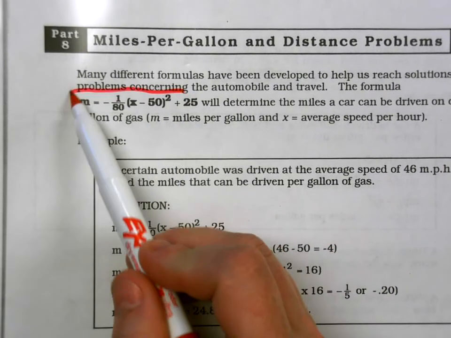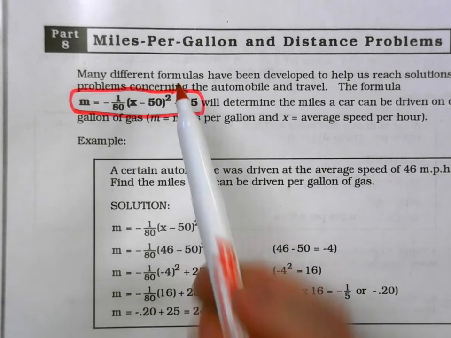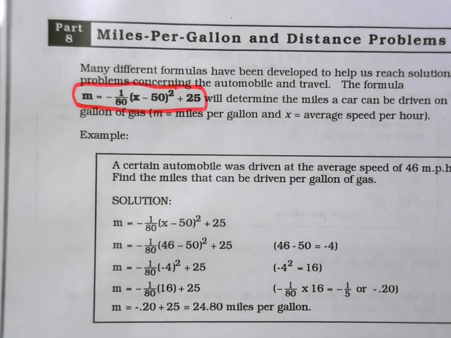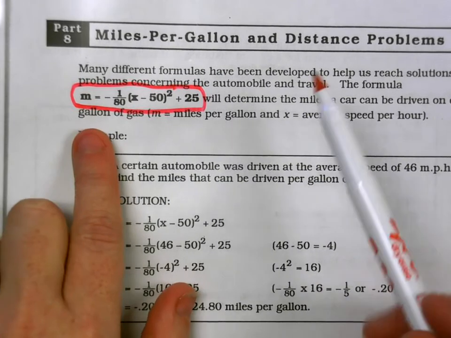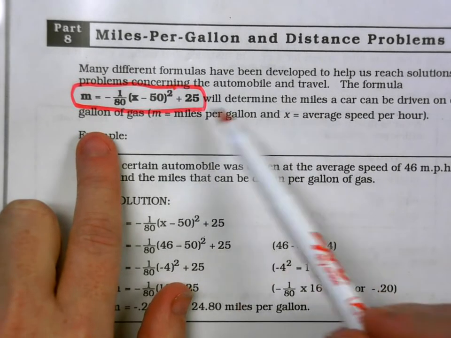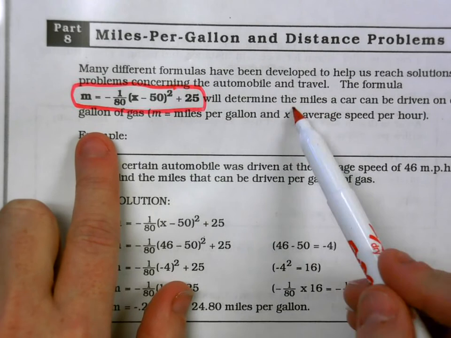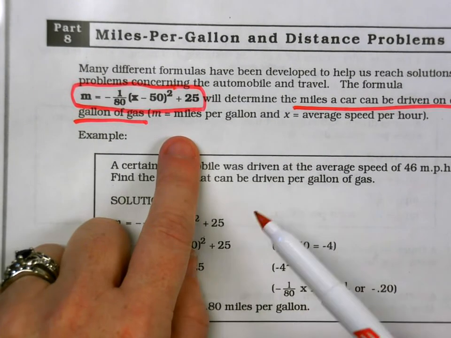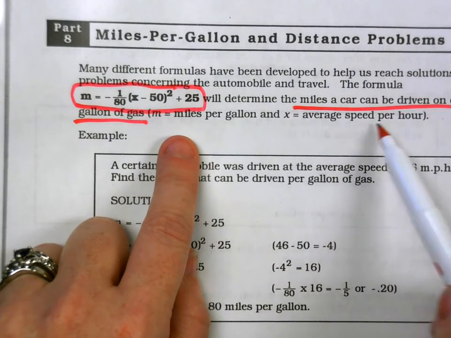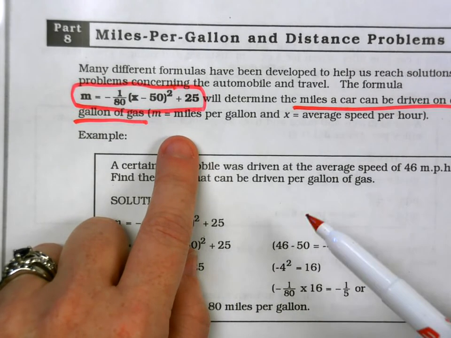So this formula is a little more complicated than the ones we've been working with, right? So let's see what all the parts are. This formula will determine the miles a car can be driven on 1 gallon of gas. So miles per gallon. X is the average speed per hour.